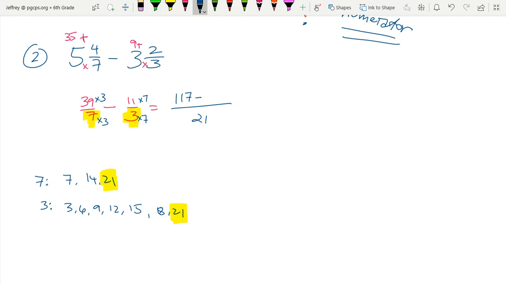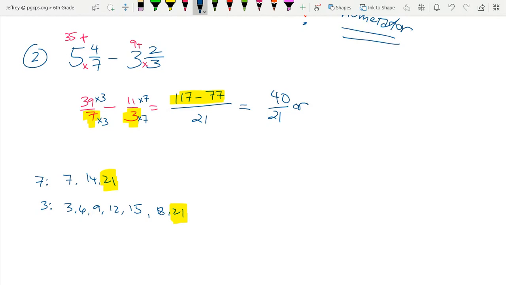So we also multiply 11 by 7, and that's going to be 77. Now we have the same denominator. Now we can subtract these values. What's 117 minus 77? It's 40 over 21.